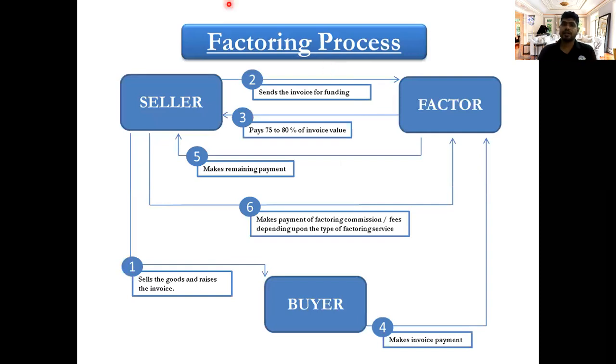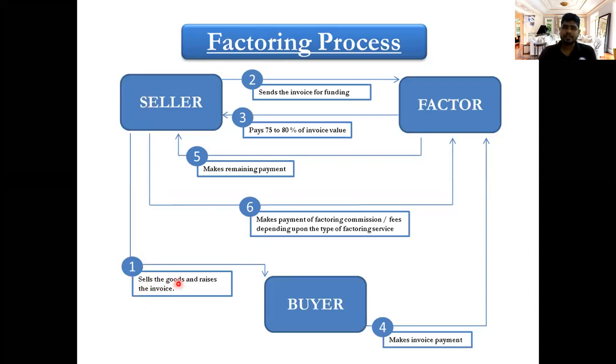First, we will discuss the factoring process, as we discussed earlier. Factoring, not forfeiting. In the factoring process there are parties, seller and buyer. Seller means our company, a particular company. The company makes some sales by selling inventories.